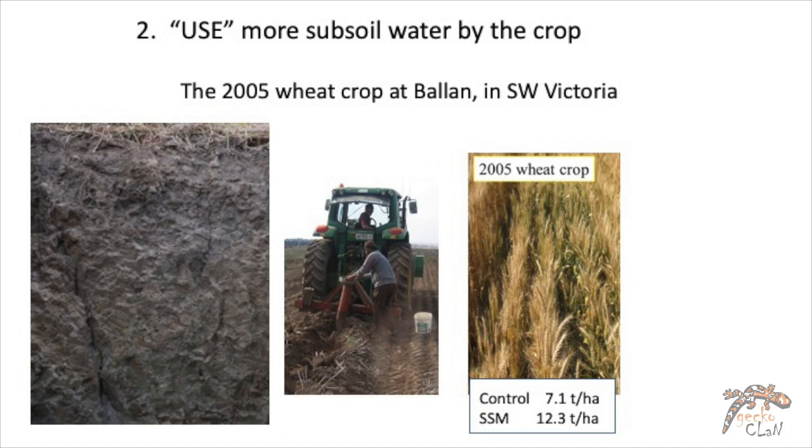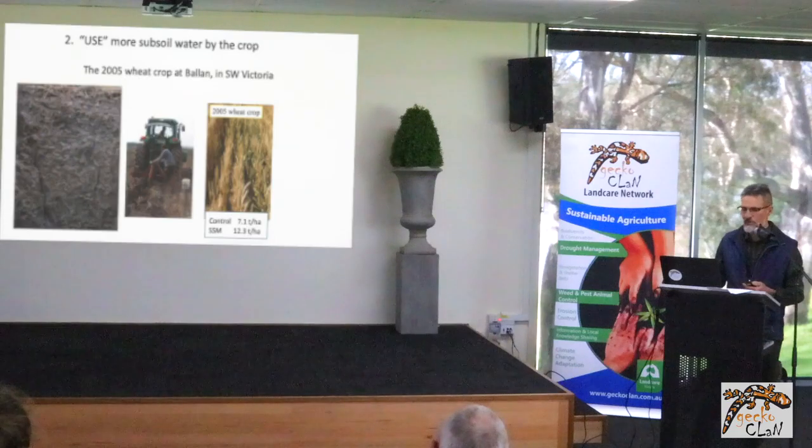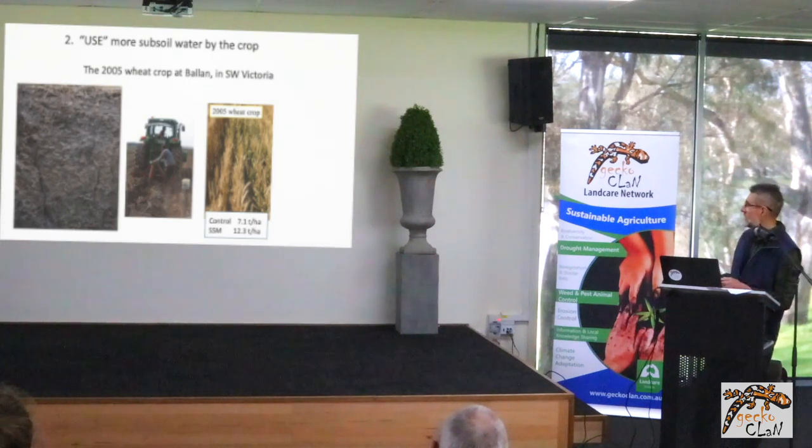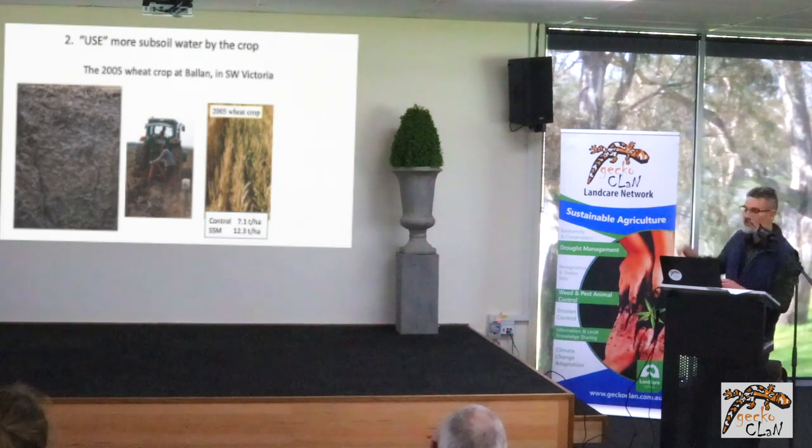Okay, so just a couple of things to show you evidence of how there was more subsoil water. Here's our profile again. We did some subsoil manuring and had a booming crop in 2005. Why this particular slide? You can just see a little bit of green in there.